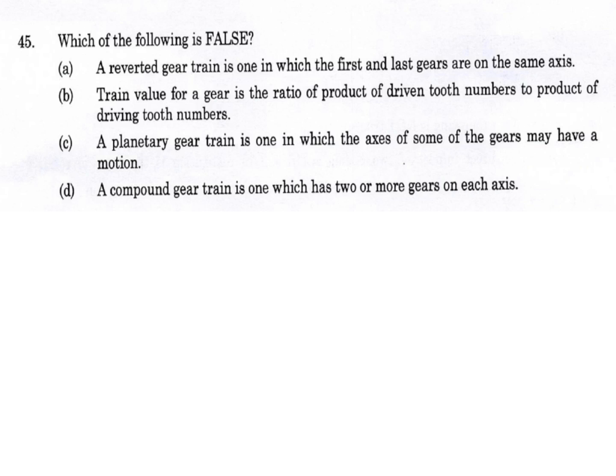Which of the following is a false statement? A reverted gear train is one in which the first and last gears are on the same axis.